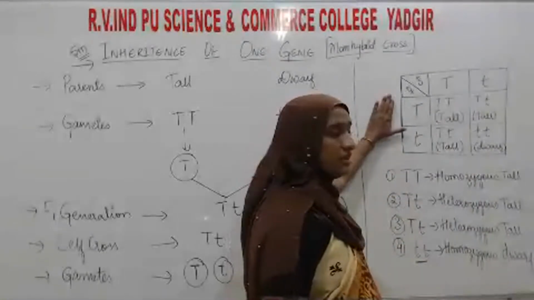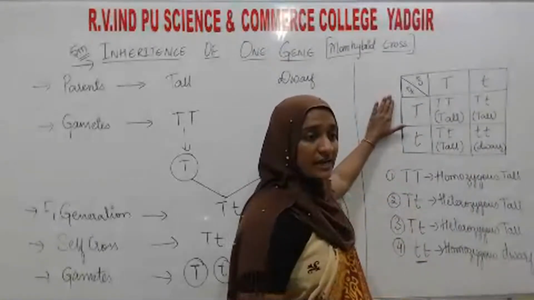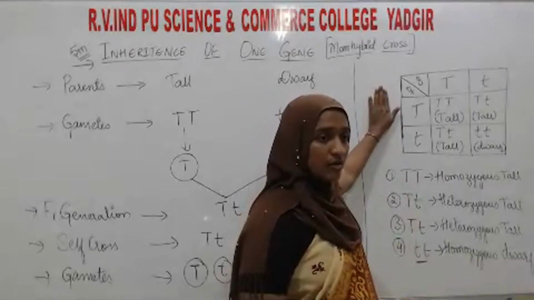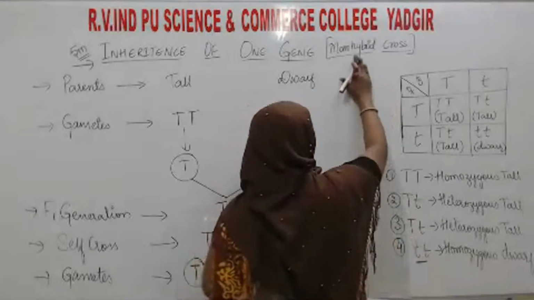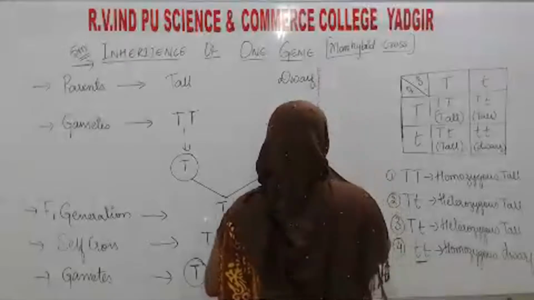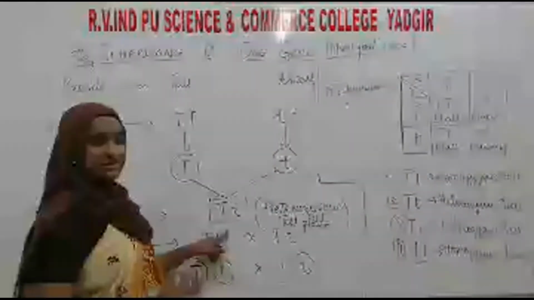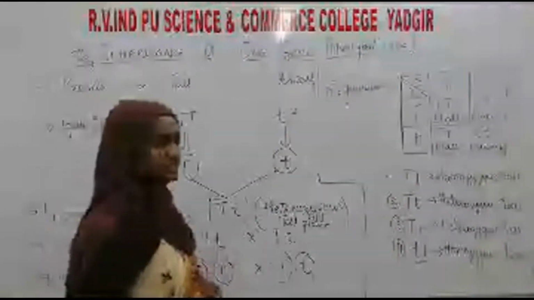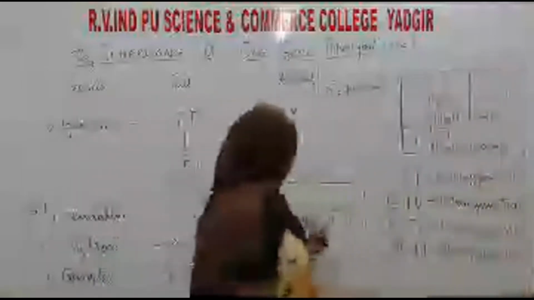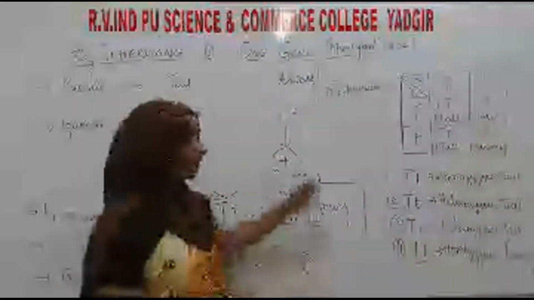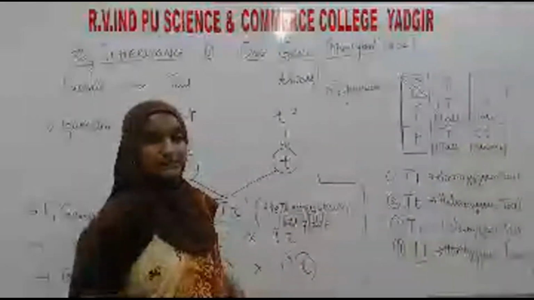So whatever offspring are produced here in this checkerboard, this we can write as the F2 generation. We had self cross here. After that only we got the F2 generation.